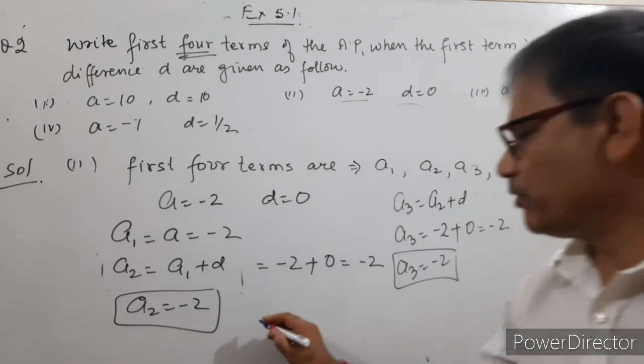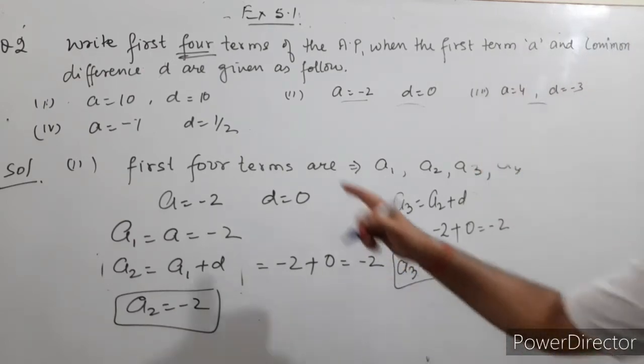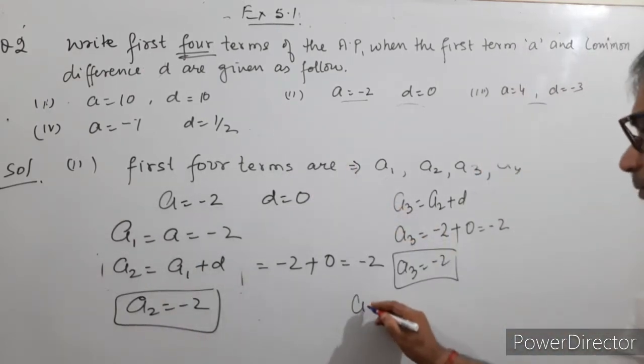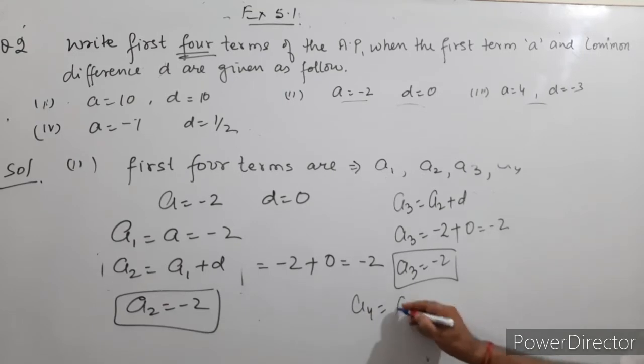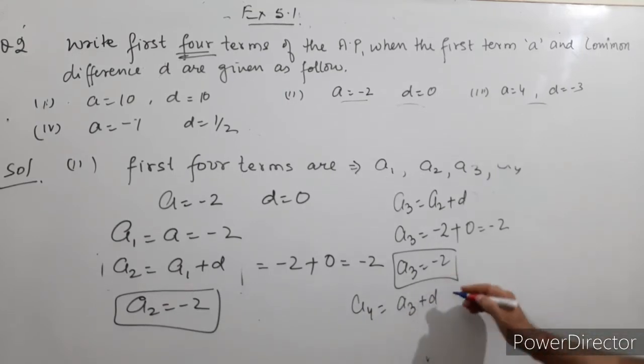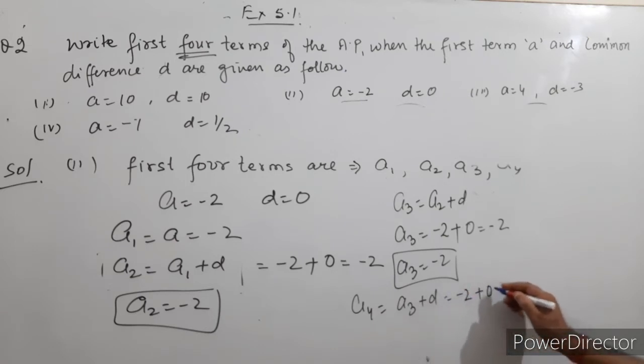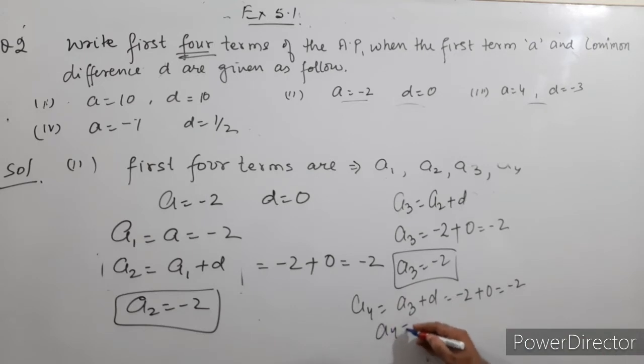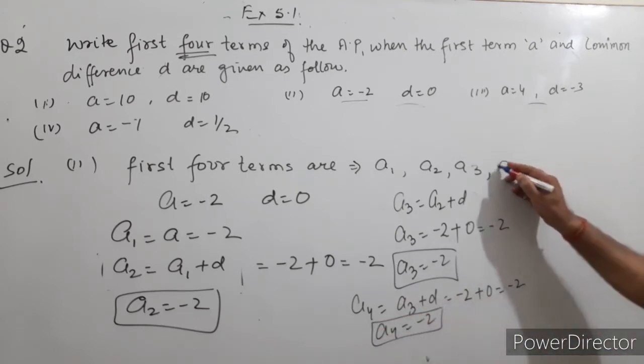We have to find four terms, so A4 is equal to A3 plus D. A3 is minus 2, plus 0, is equal to minus 2. A4 is equal to minus 2.